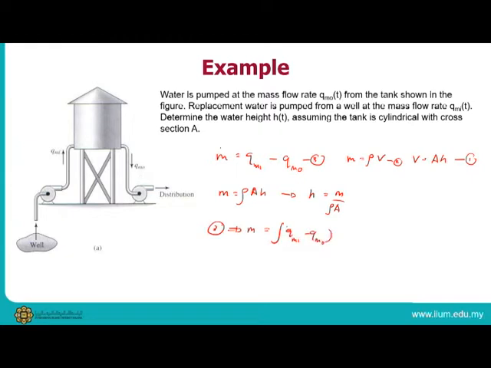You insert this into here, so you can get H equal to 1 over rho A times the integration of QMI minus QMO. So this is basically your answer.